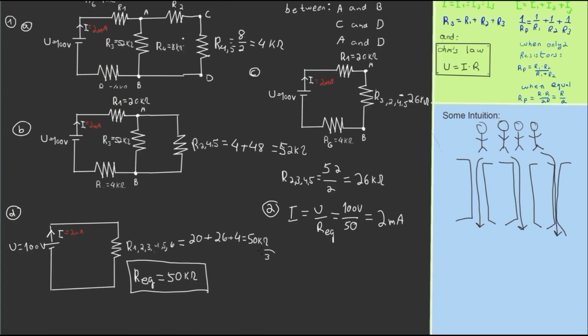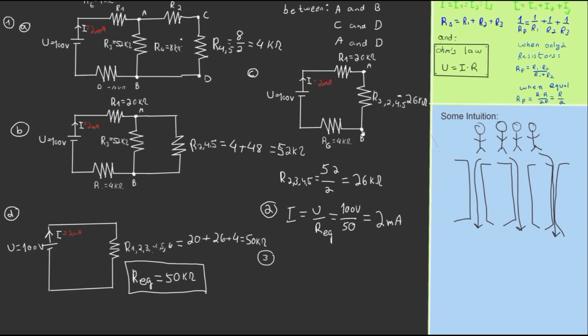The last part of the question, part number 3. What's the voltage between A and B? In order to find the voltage between A and B, we'll browse between the circuits that we have, and we'll see that if we look at circuit C, calculating the voltage between A and B is very straightforward.